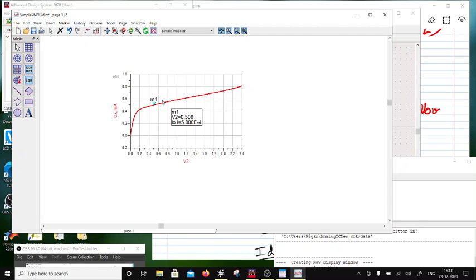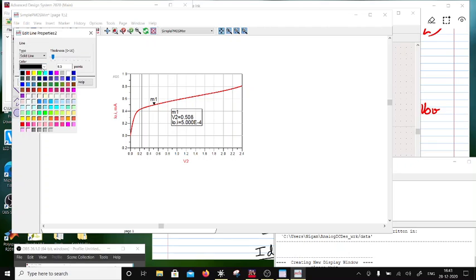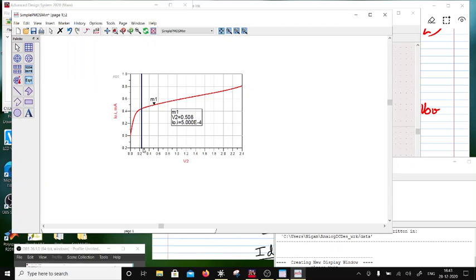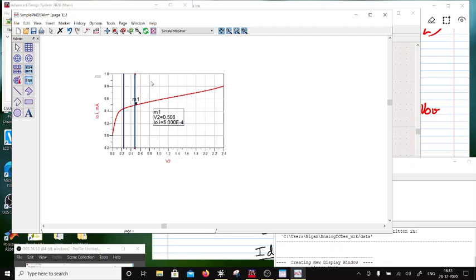So this happens when we are VT above V overdrive. Here we have something called V overdrive, and we have placed this transistor VT above V overdrive.